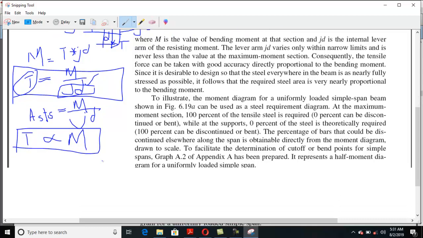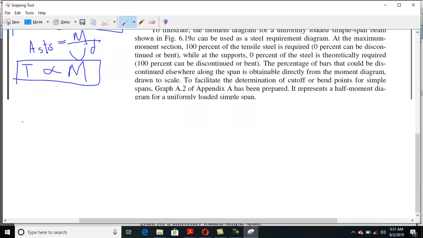This is the basic relationship: along the length of the beam, the tension force in the steel is directly proportional to the moment along the beam length. So once the moment is increasing, your tension force is increasing.